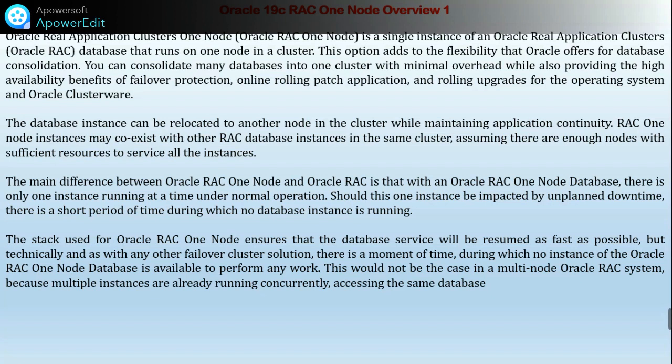The stack used for Oracle RAC One Node ensures that the database service will be resumed as fast as possible, but technically, as with any other failover cluster solution, there is a moment during which no instance of the Oracle RAC One Node database is available to perform any work. This would not be the case in a multi-node Oracle RAC system, because multiple instances are already running concurrently, accessing the same database. Alright, moving to the next, overview 2.